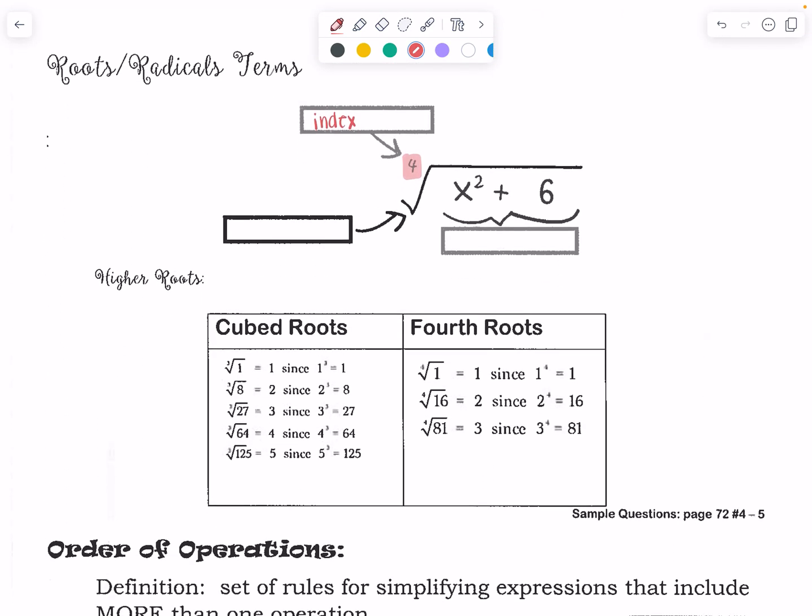All right, so that little 4 is called the index. And then the symbol is actually called the root or radical. And then the thing inside is called the radicand. And really, the big takeaway from this is that cubed roots and cubes are inverses.